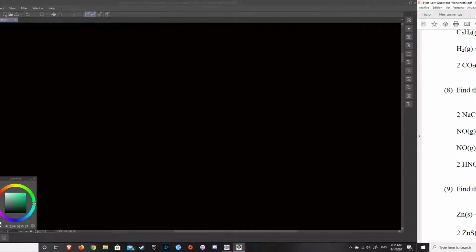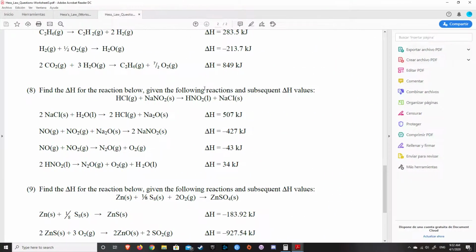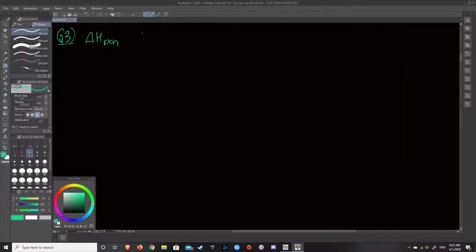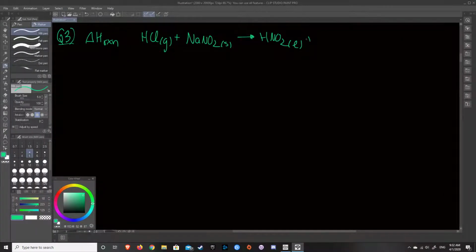So we need delta H of reaction. So question 3, we need delta H of reaction for the equation HCl gas plus NaNO2 solid reacts to form HNO2 liquid plus NaCl solid.